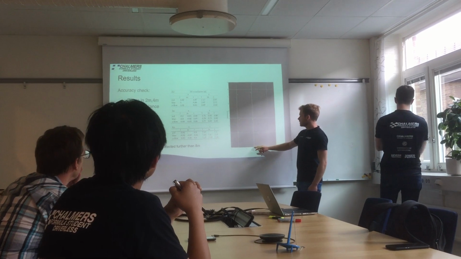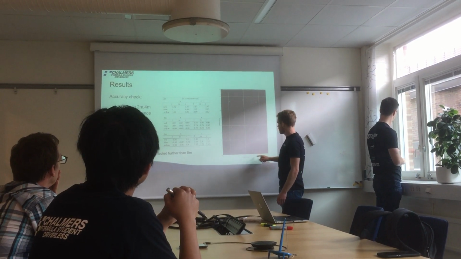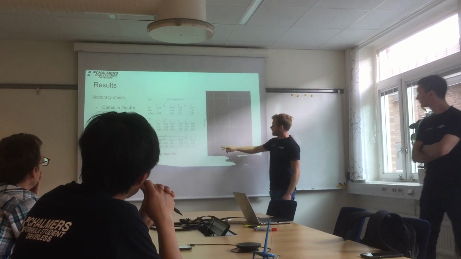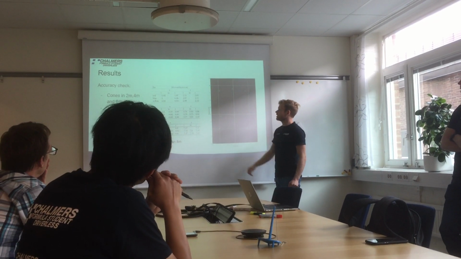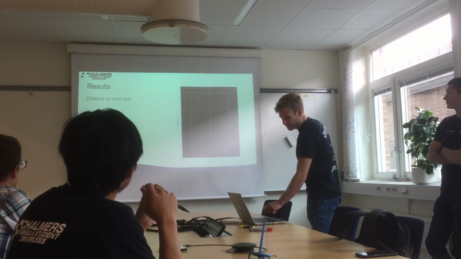So we have 2, 4, and 8 meters here, and -1 and 1 and the center here. Then we measured where our system was detecting the cones and where they actually should have been, and made some error calculations from that.